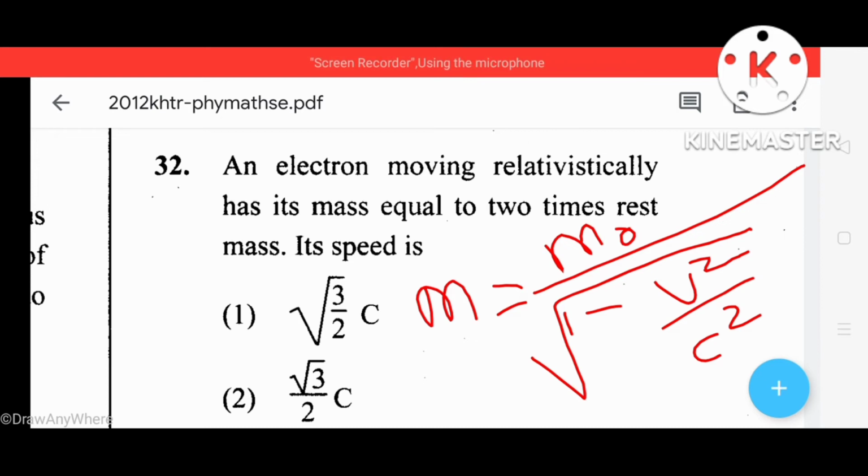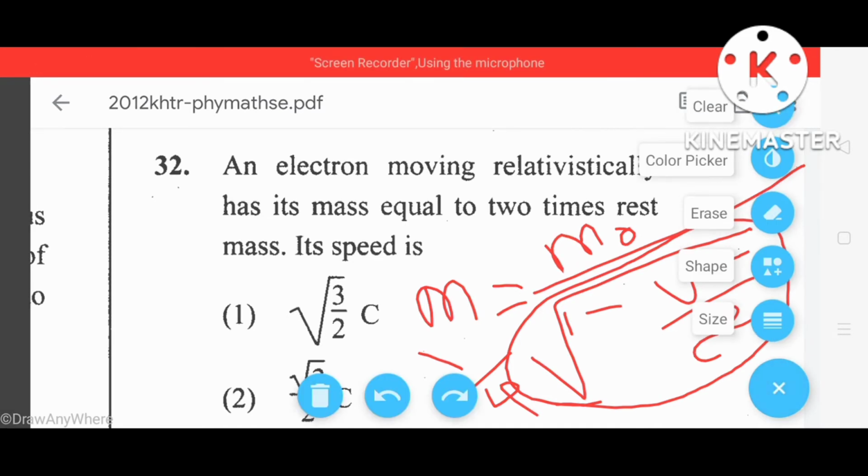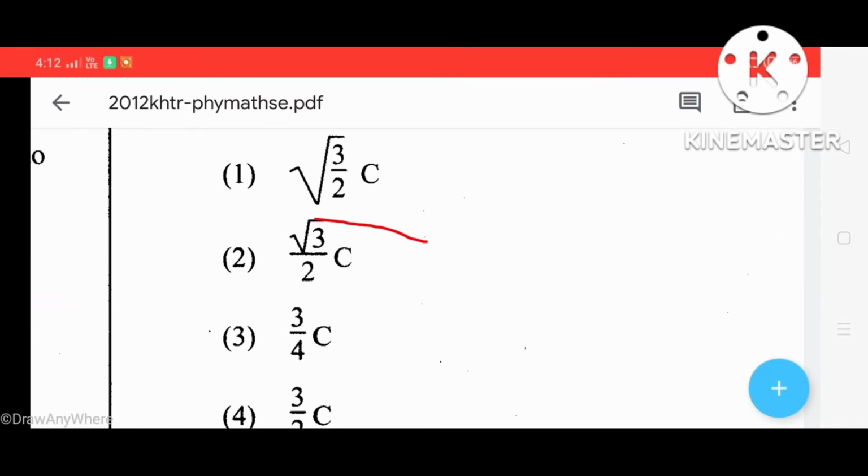When we solve that, we get root of 1 minus v square by c square equal to 1 by 2, or v square is equal to 3c square divided by 4, or v is equal to root 3 divided by 2 into c, which is given in option number 2, that is root 3 by 2 c.